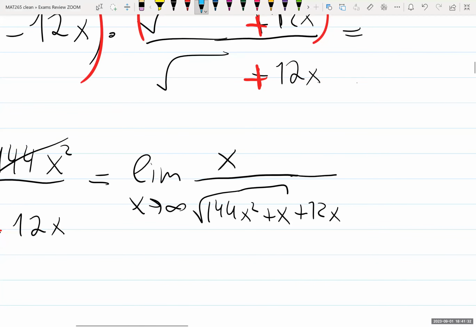So the speed of the numerator will be x to the 1 speed. I call it the leader. I usually say find the leader of the numerator, of the top. That's actually the 1. The speed of the denominator is kind of tricky. You need to find the fastest function at the bottom. The fastest function I see is x squared, and it's also multiplied by 144.